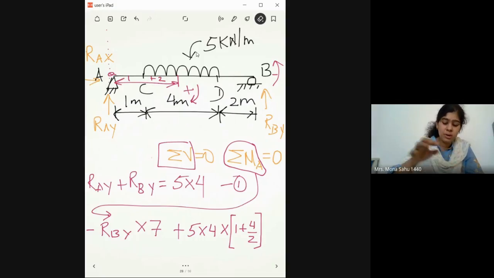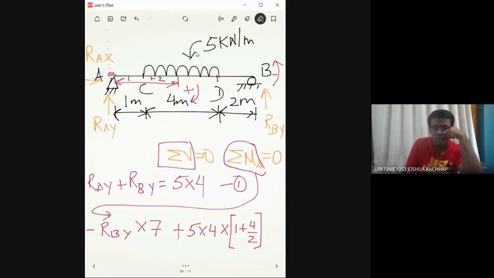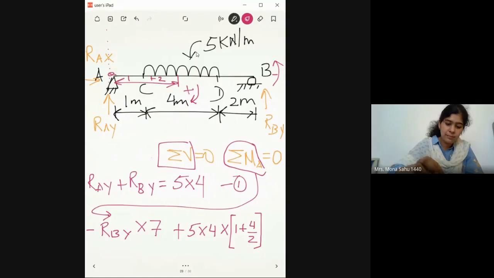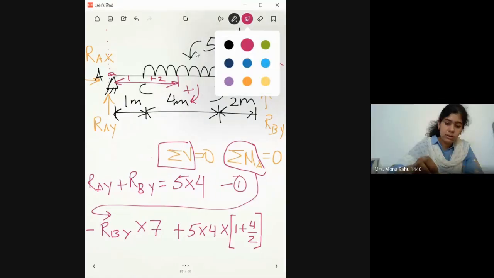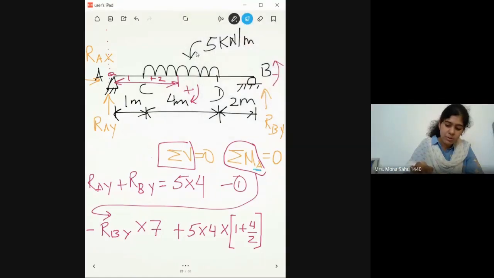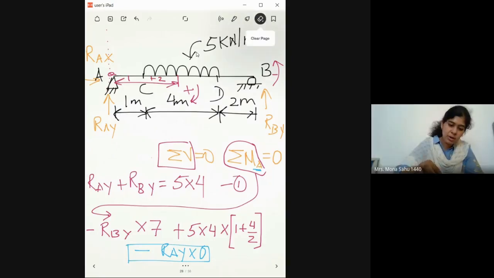We are calculating moment with respect to A. So if we have to calculate RAY multiplied by perpendicular distance, it is 0. So this component will always be 0. Okay, so I am going to not consider this.